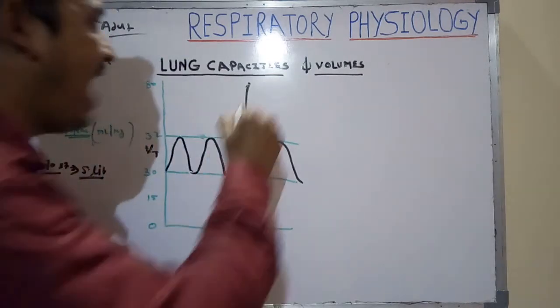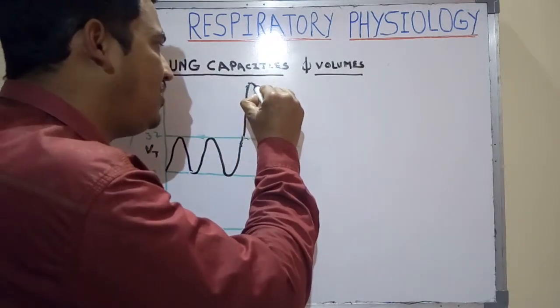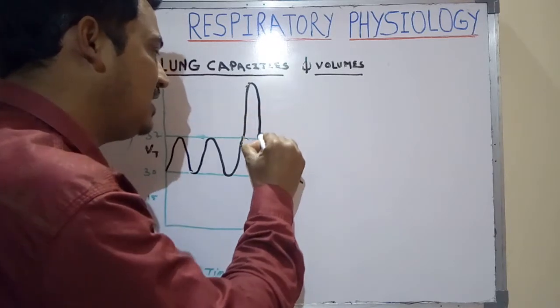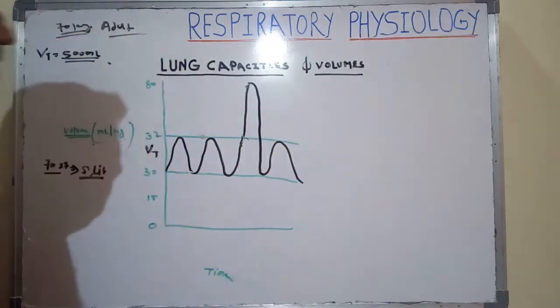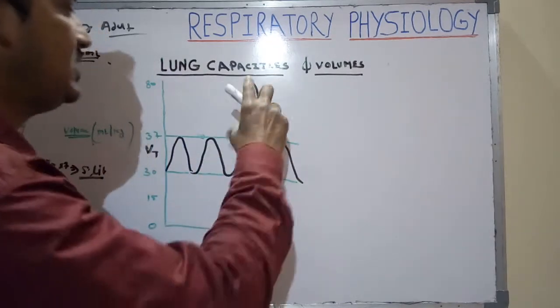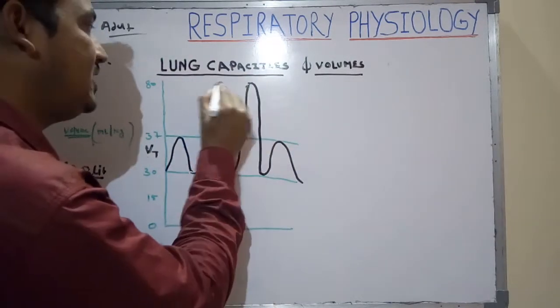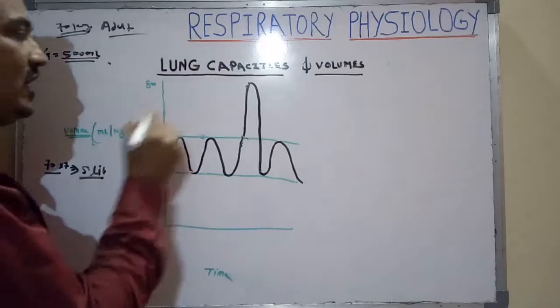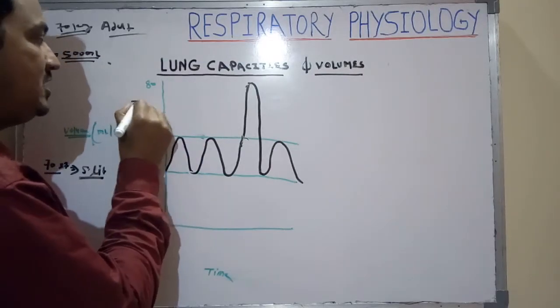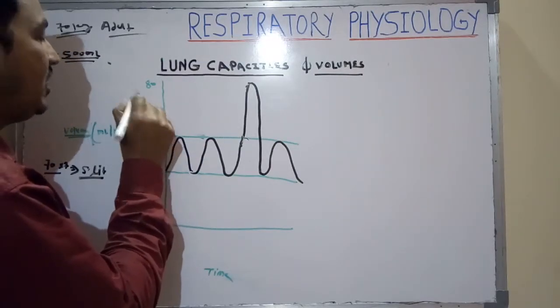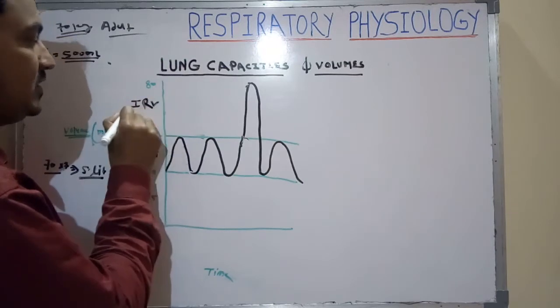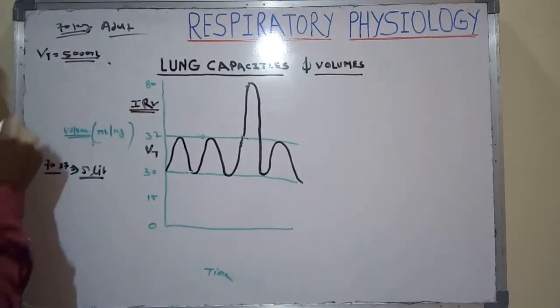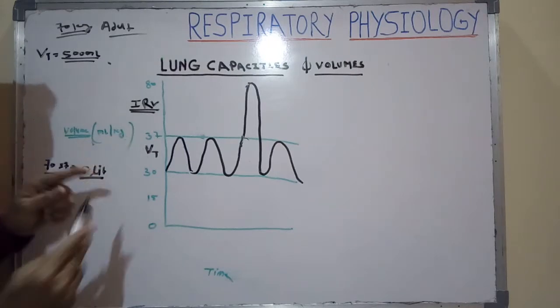Then I will release a similar amount because I have inhaled that much. Fine. So this value is called inspiratory reserve volume, IRV.